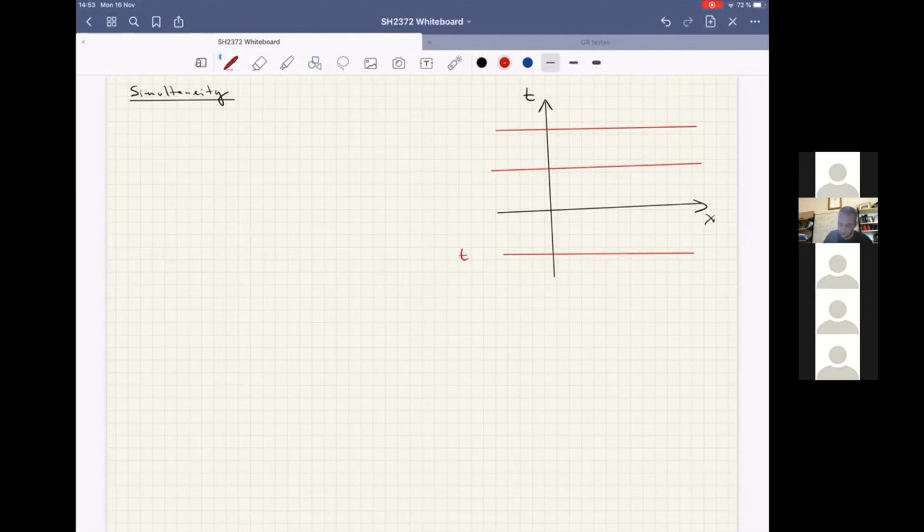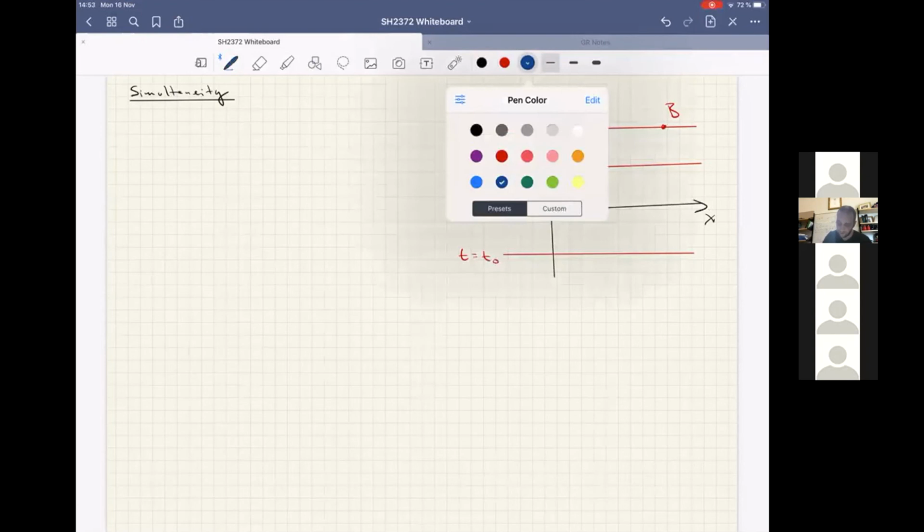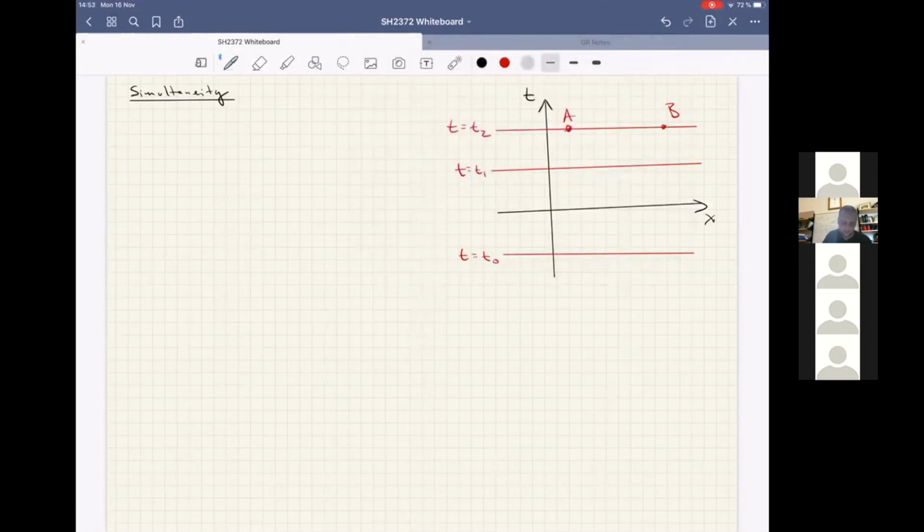This could be t equals t0, t equals t1, t equals t2. We say that two events, A and B, are simultaneous in this coordinate system if they occur at the same coordinate time. Now you also know that if I change the coordinate system, so let me take the following coordinates.